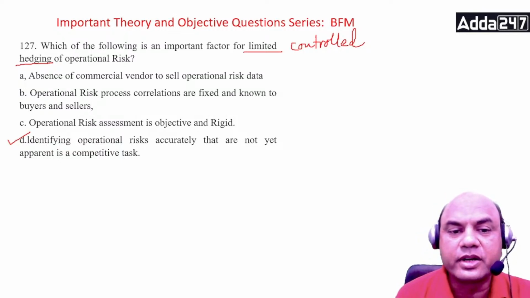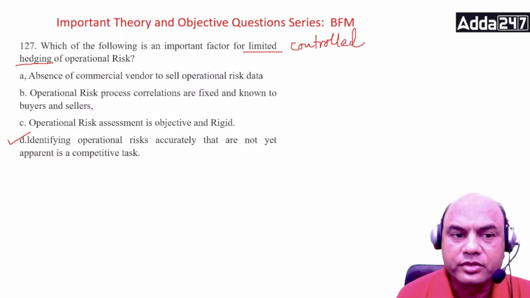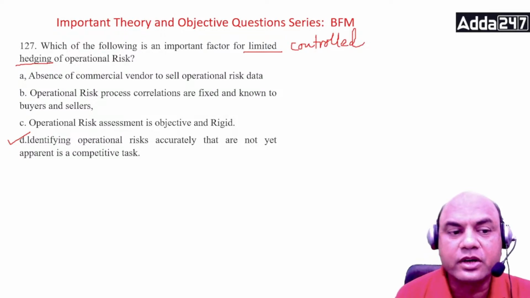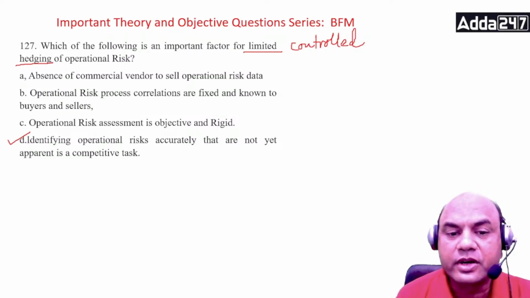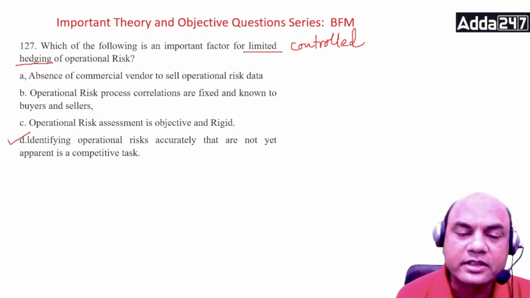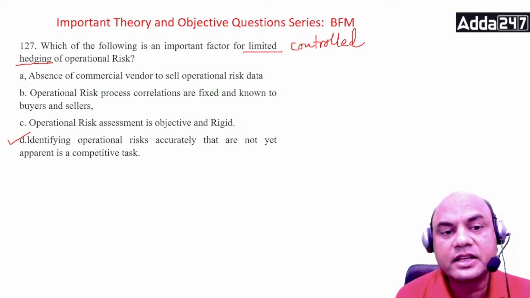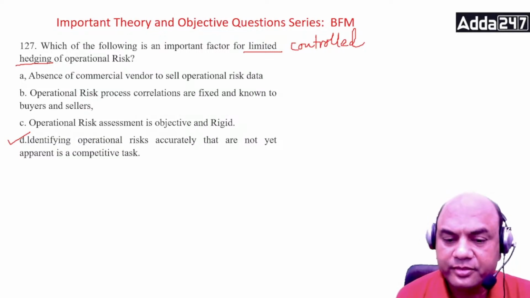Absence of commercial vendor to sell, these are known to all. Operational risk process correlations are fixed and known to the buyers and sellers, so this is known to everyone. Operational risk assessment is objective and rigid. But this part, not yet apparent, is a competitive risk. So judging whatever is not seen is really the critical factor, right?